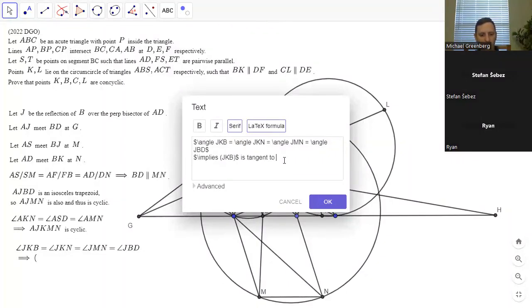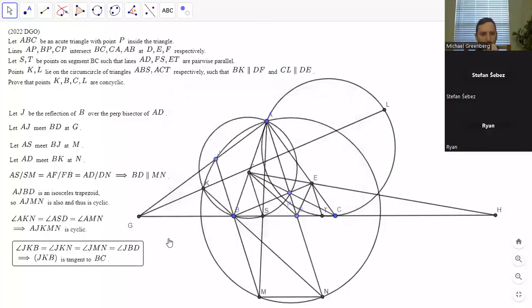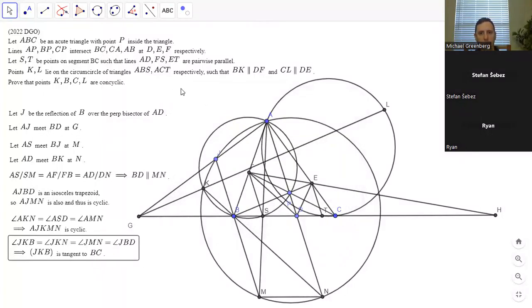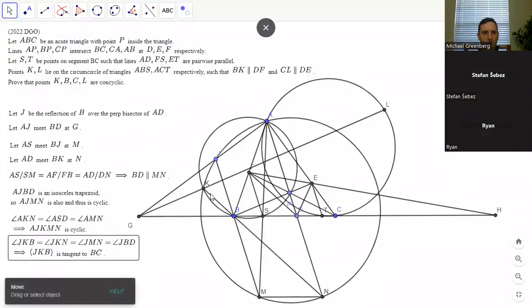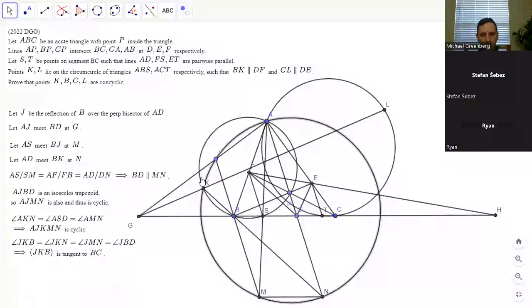Okay. So if we can show that K, L, and G are collinear, then that solves it. But I wonder, suppose we try to invert. K is defined as the intersection of these two circles, but what if we inverted this circle?